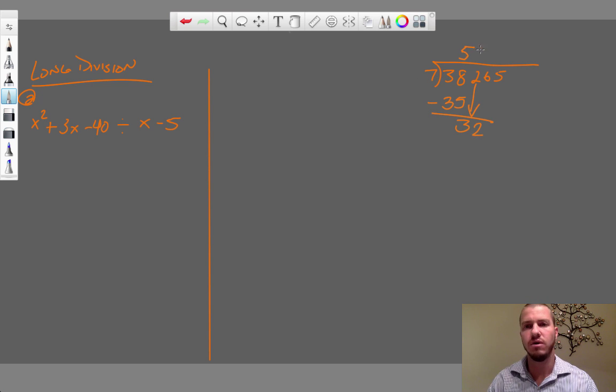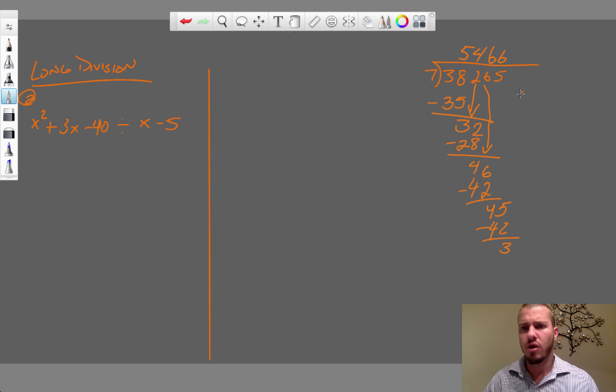7 goes into 32, not 5, but now 4. 4 times 7 is 28. I subtract it. This subtraction step is going to be very big when we get to the polynomials. So that becomes 4, bring down the 6, 7 goes into 46 6 times, that becomes 6 times 7 is 42, subtract, 4, and 7 goes into 45 6 times, again that's 42, subtract, and I have a remainder of 3.